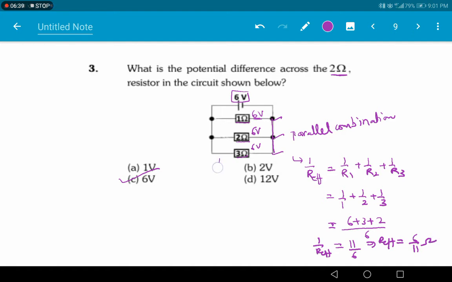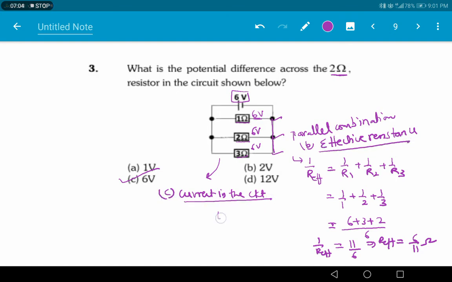If the question extends like this, what is the current in the circuit? I am discussing the other questions also. This is the effective resistance of the circuit, and next we are discussing current in the circuit.